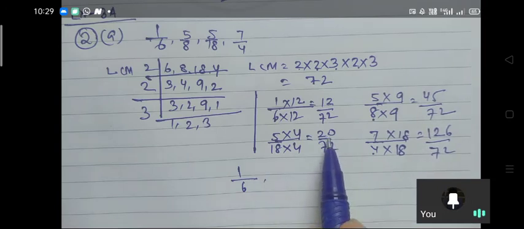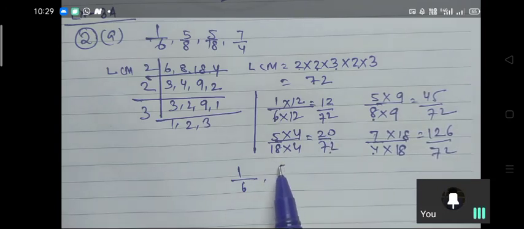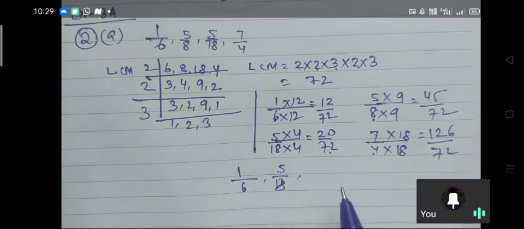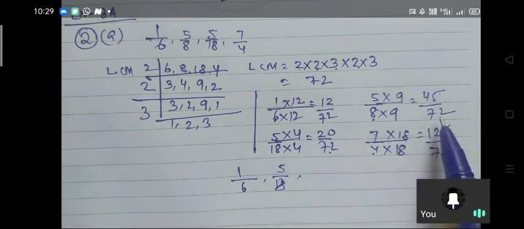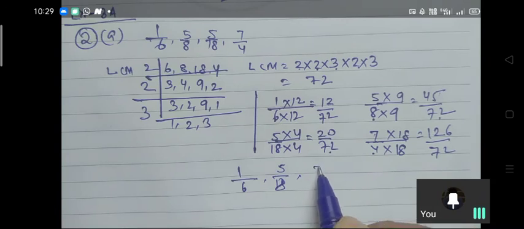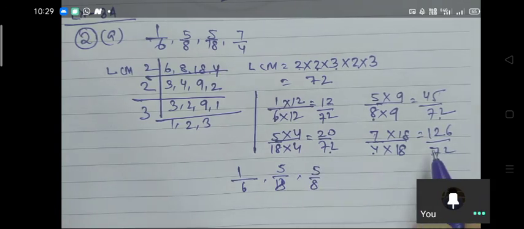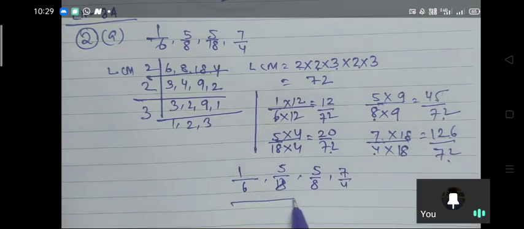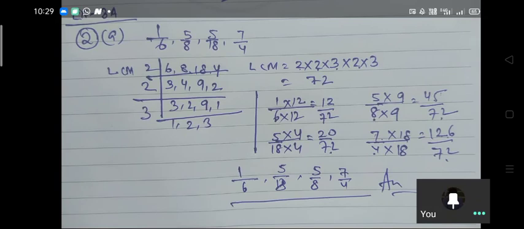After that, 20 by 72, that means 5 by 18. Okay. After this, which one is greater? 45. So 5 by 8 is the next one. And the last one is 126 by 72, that means 7 by 4. So this is your ascending order. Have you understood?